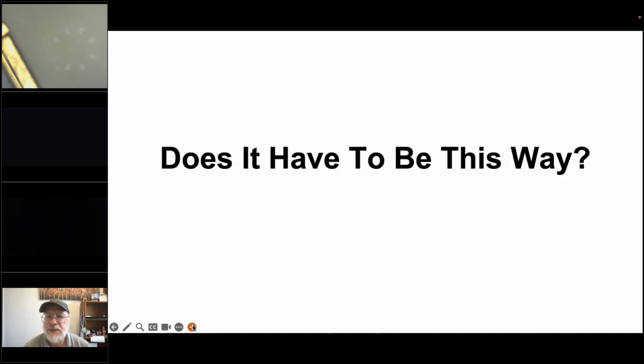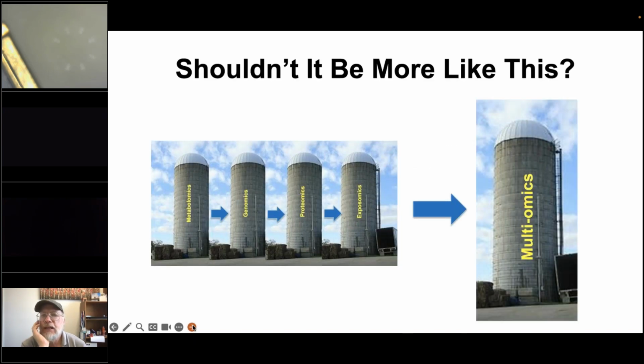The question I'm asking is, does it really have to be this way? Do we have to continue living in these silos and doing our research isolated from other fields of omics science and not considering the contributions that, say, the genome or the proteome or the exposome have to the metabolome? Or if you're a genomic scientist, not considering the influence of how metabolites affect gene expression or gene mutations?